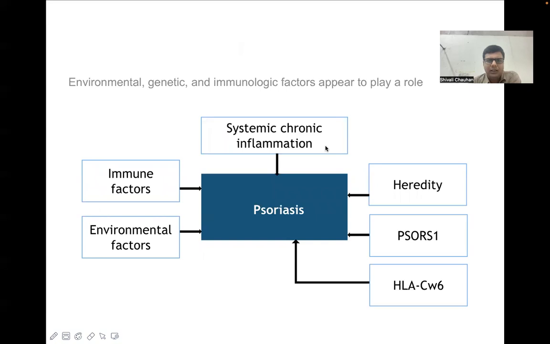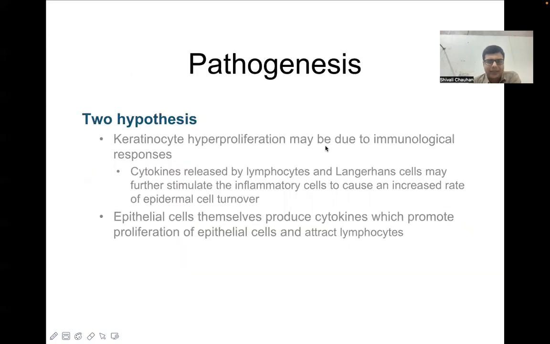So what factors play a role? These are systemic chronic inflammation, hereditary factors, the PSORS1 gene, HLA-Cw6 association, various environmental factors, and immune factors. They coalesce and interact with each other and lead to the pathogenesis of psoriasis.